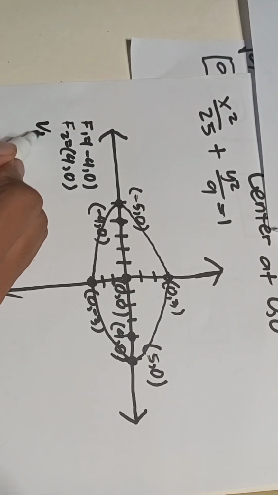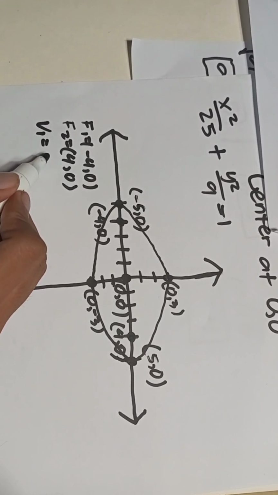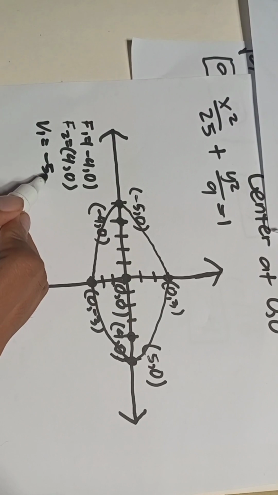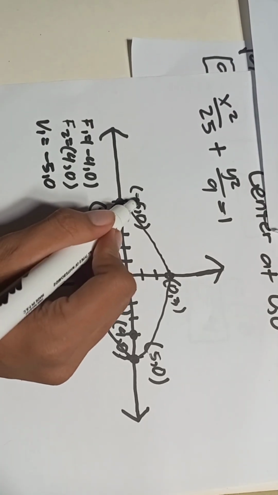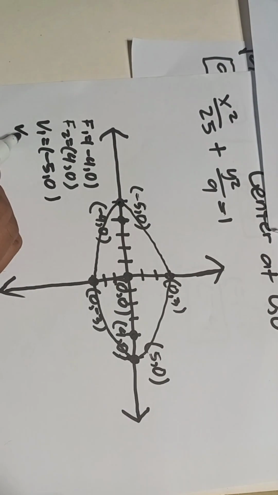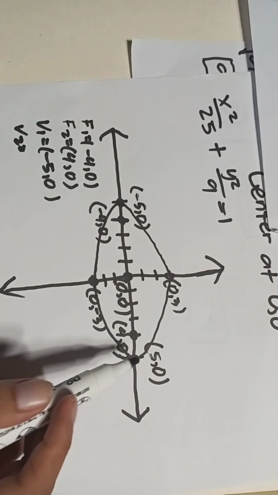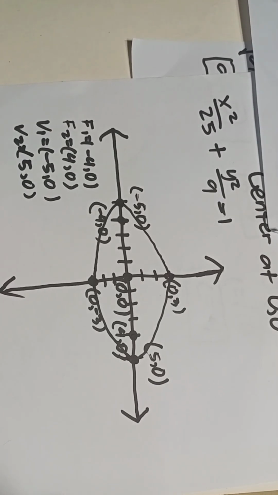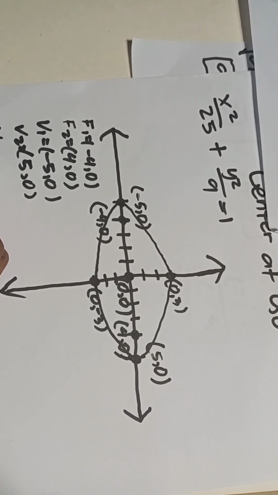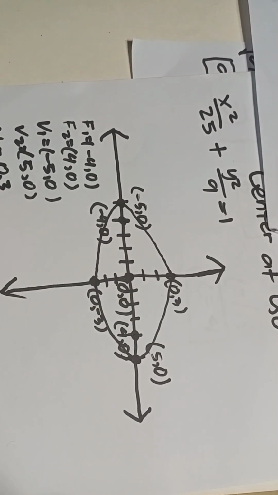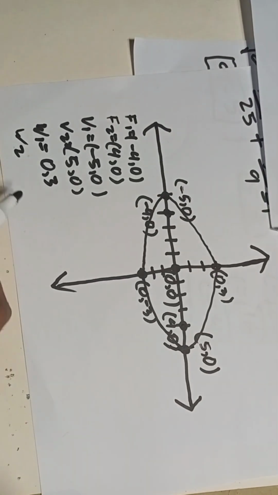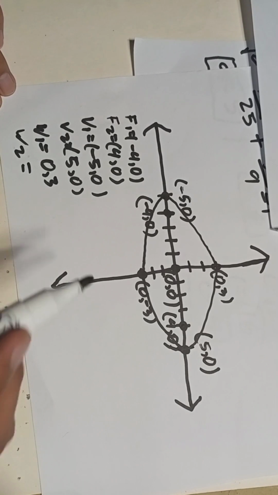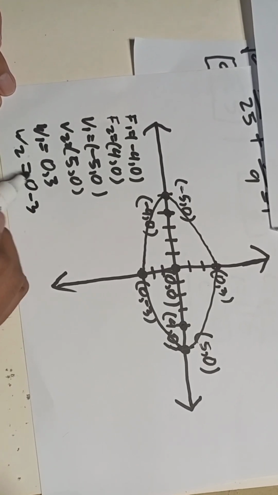Our vertex 1, v sub 1, is equivalent to negative 5, 0. And our v sub 2 is positive 5, 0. Now for our co-vertices, w sub 1 is equal to 0, 3, and w sub 2 is equal to 0, negative 3.